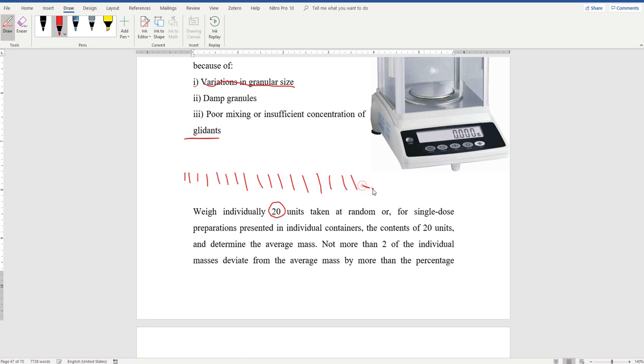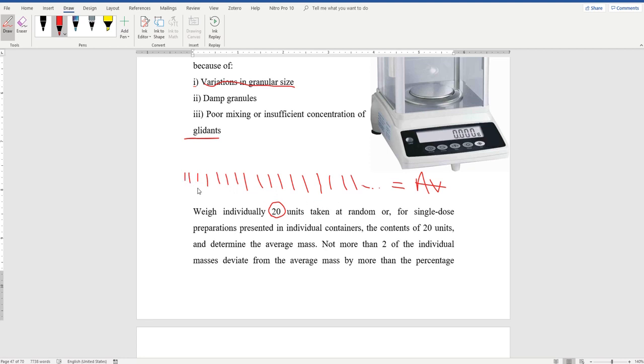Okay. Now, after you have the 20 readings, then you calculate the average weight. How do you calculate the average weight? The average weight can be calculated by summing all these weights.